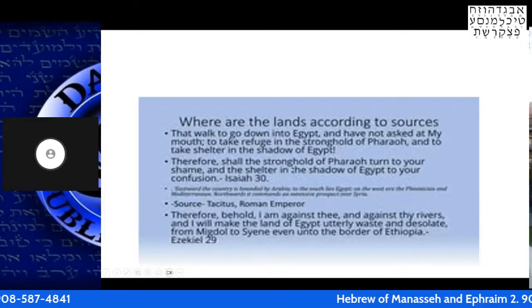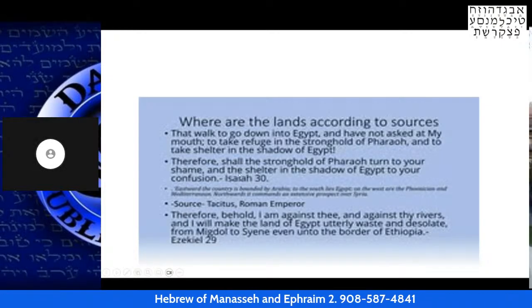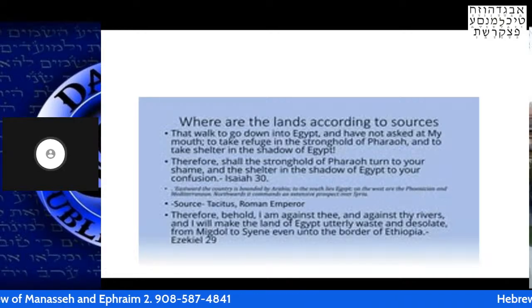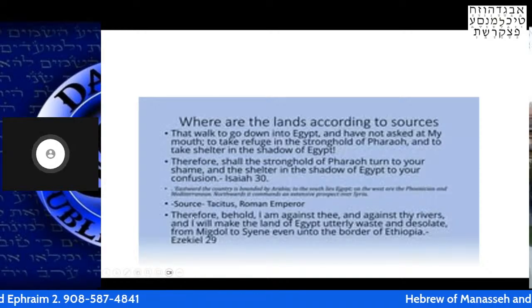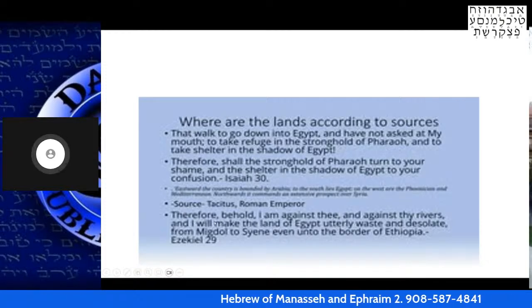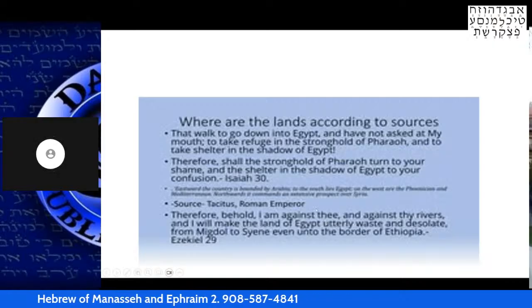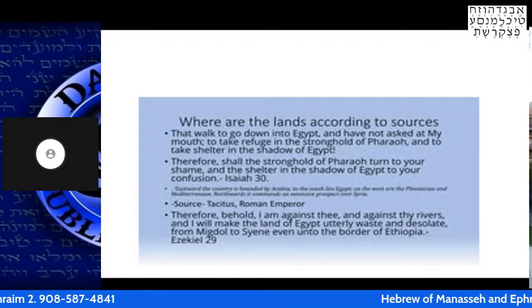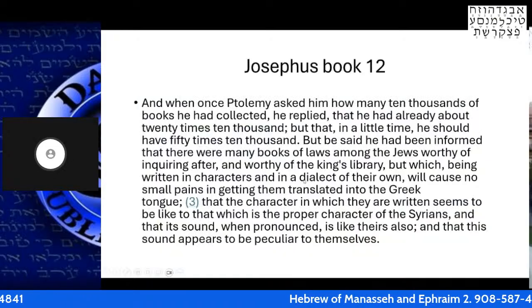Therefore shall the stronghold of Pharaoh turn to your shame, and the shelter in the shadow of Egypt to your confusion. Isaiah chapter 30. It goes on to say, therefore, behold, I am against thee and against thy rivers, and I will make the land of Egypt utterly waste and desolate, from Migdol to Syene, even to the border of Ethiopia. Ezekiel chapter 29.